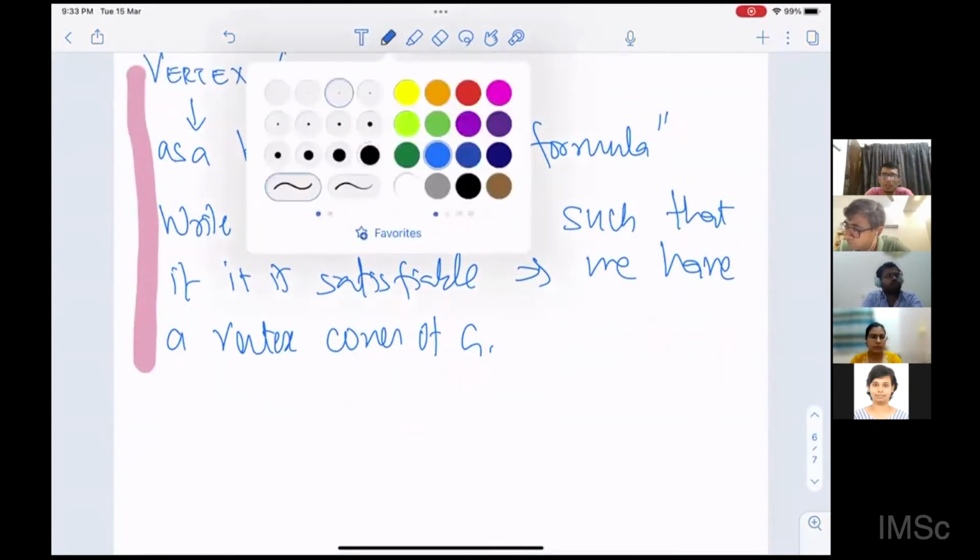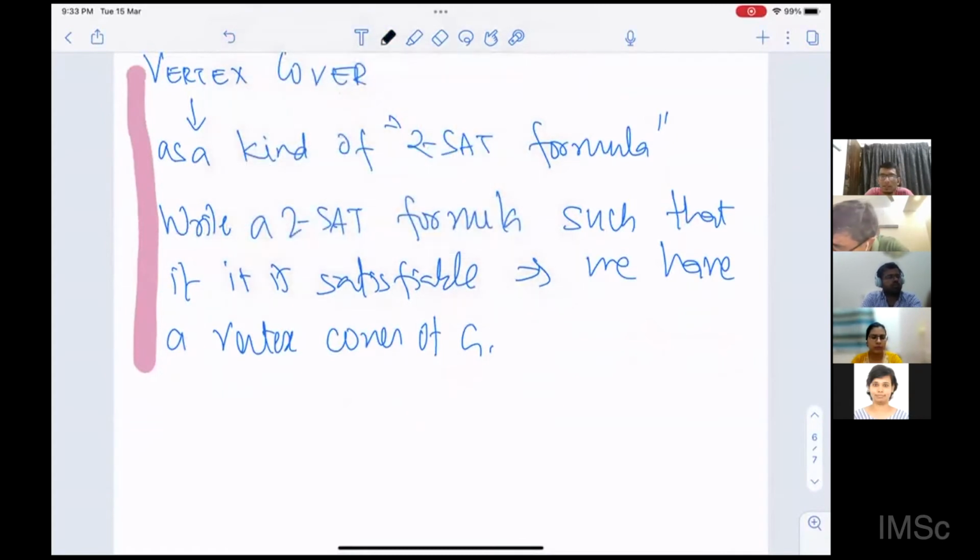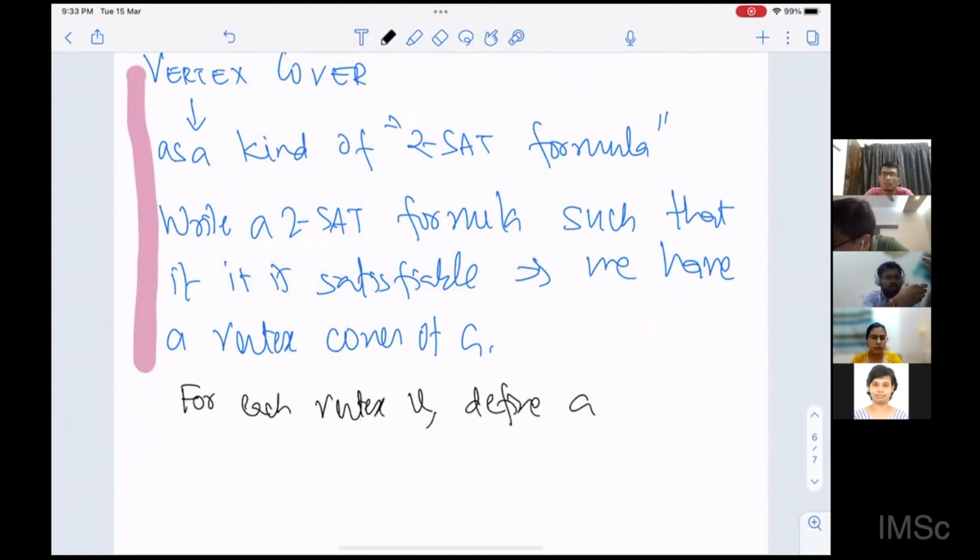Yeah, for each vertex, we define a variable. What is it called? Say x_v. x_v, very good. So this is your variable set.